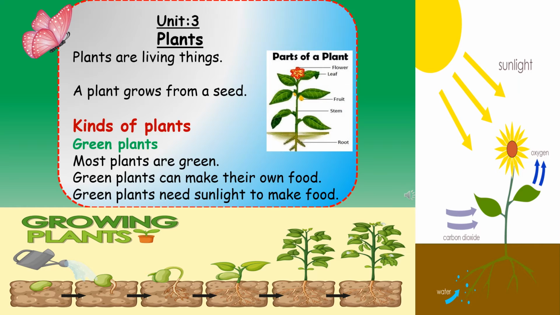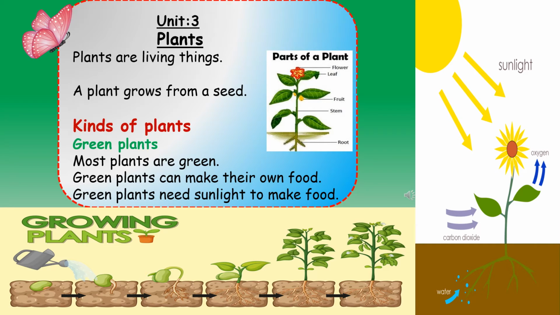So after some days or weeks, when you provide it proper sunlight and water, you will notice a tiny plant come out of the soil. Yes, the seed begins to grow into a plant.